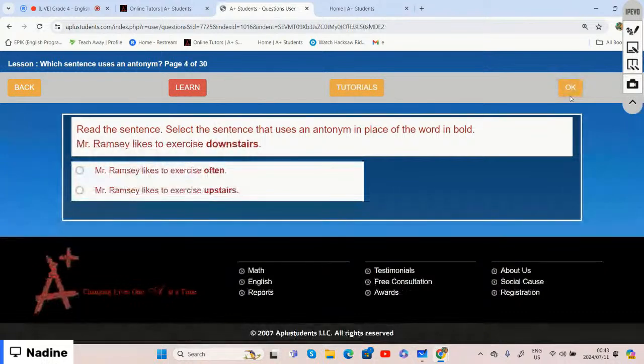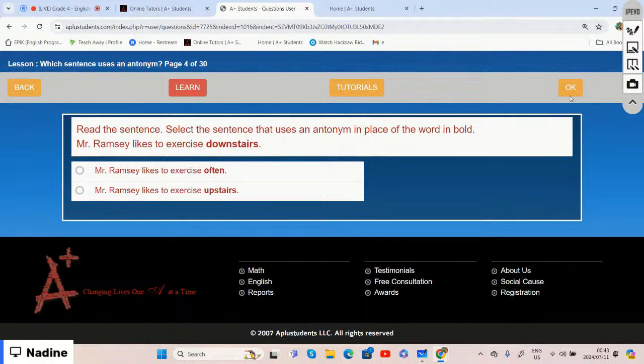All right. Mr. Ramsey likes to exercise downstairs. We need to say what is the opposite of downstairs. Is it often or is it upstairs?